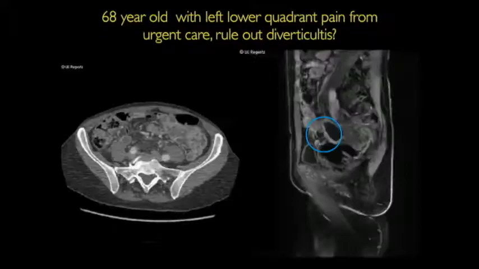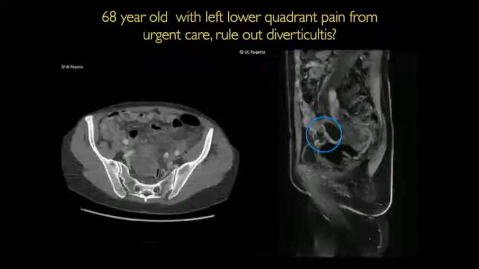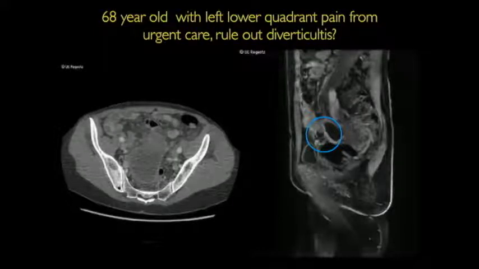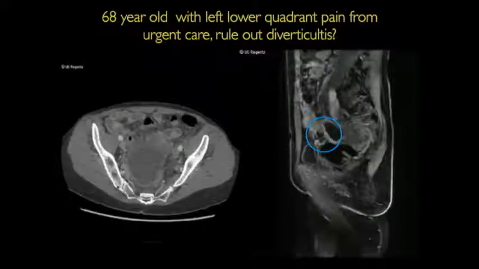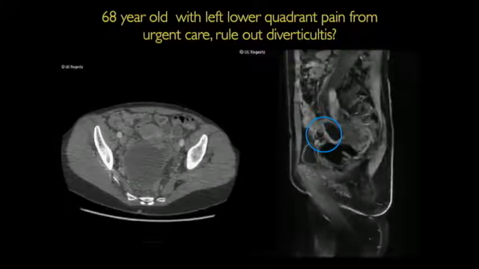And the very last case here is a 68-year-old with left lower quadrant pain from urgent care, a 5 o'clock case. I think the CT is running a little bit slow, but you could see there's a very large, complex cystic process in the left pelvis. In this case, we immediately went to the MRI, and we could see the twisted vascular pedicle.